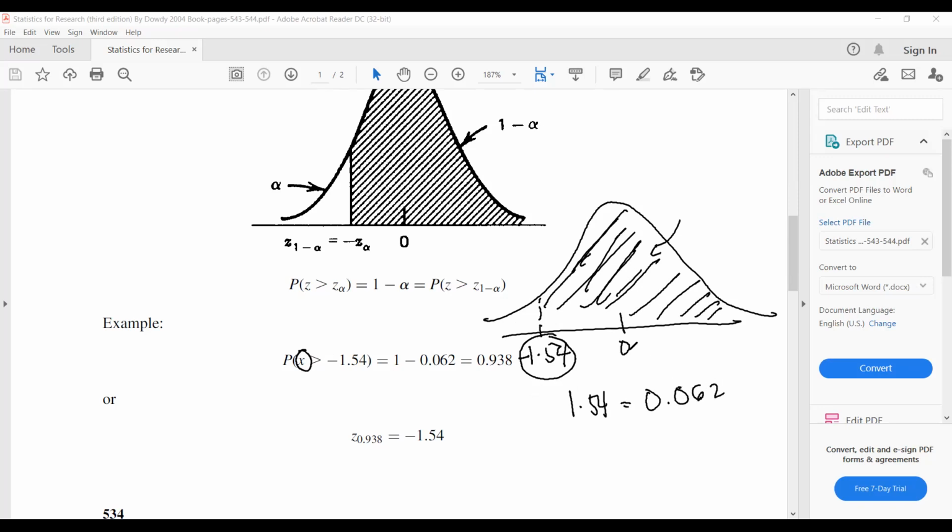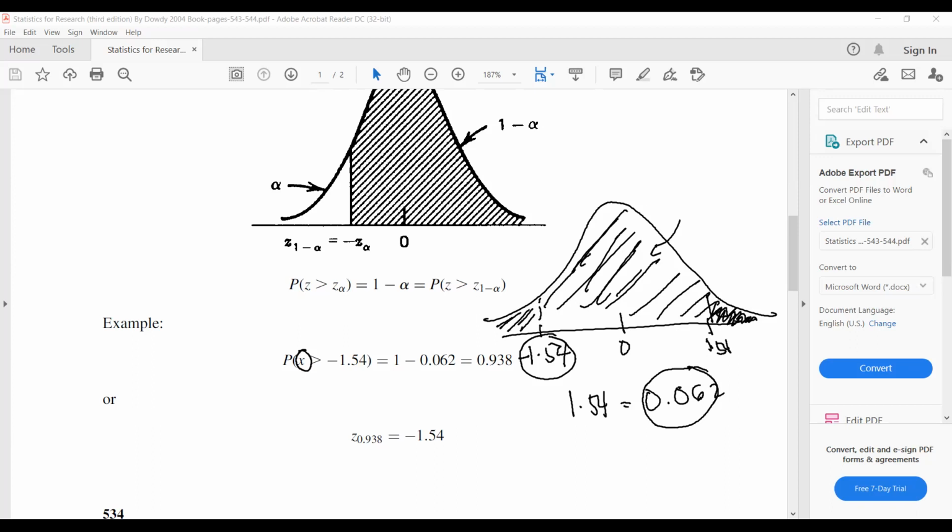So, ibig sabihin, yung 0.062 na yan is, dito yan nakalocate, di ba? Yung 1.54 na yan. Itong part na to. Pero, ang tinutukoy natin dyan, kung negative value, symmetrical value daw yun, yung part na yun. So, yung negative value na aspect nito na 1.54, yung tinutukoy naman dito is itong part na to.